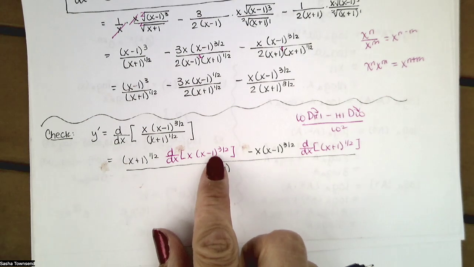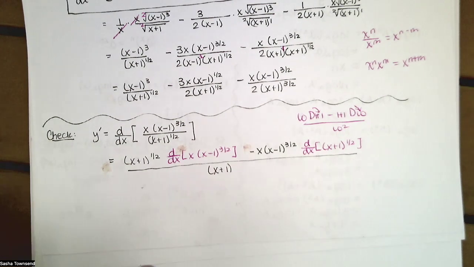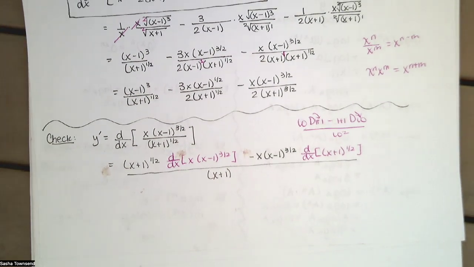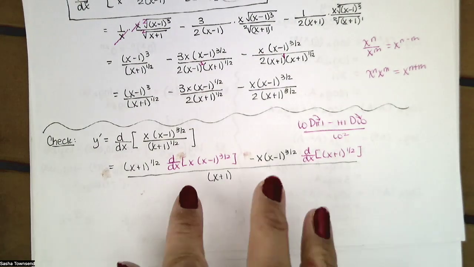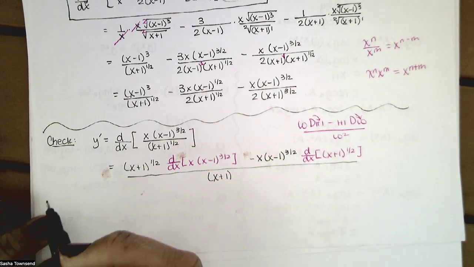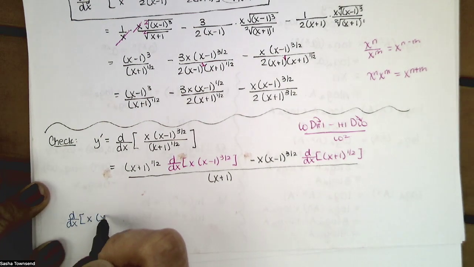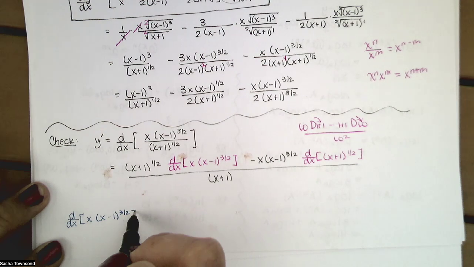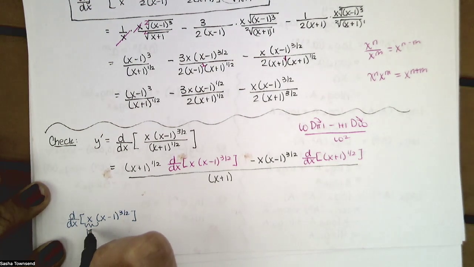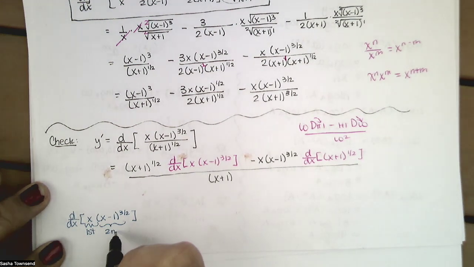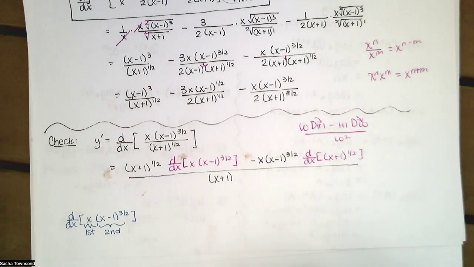Now this product, or the derivative of that product, requires the product rule. So I'm going to do that separately, and then we'll put it back in line. So I've got the derivative with respect to x of x times x minus 1 to the 3/2. I'm going to think of the x as my first function, and the x minus 1 to the 3/2 is my second, and use the product rule.